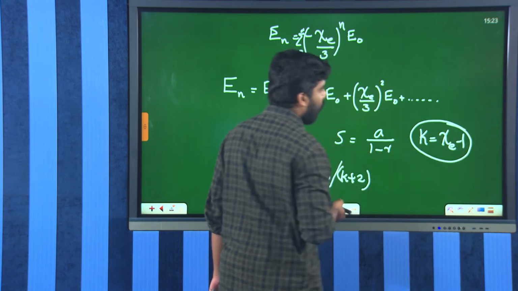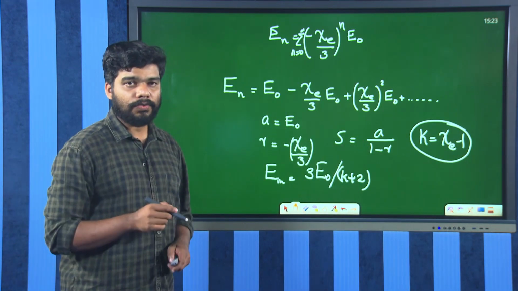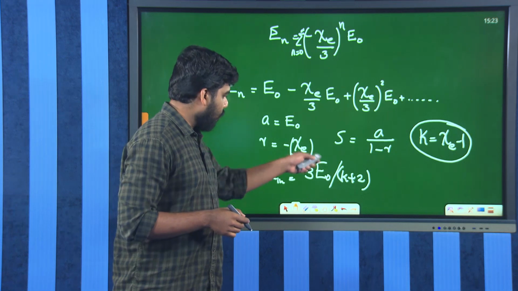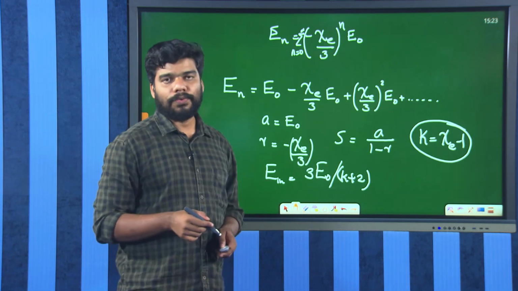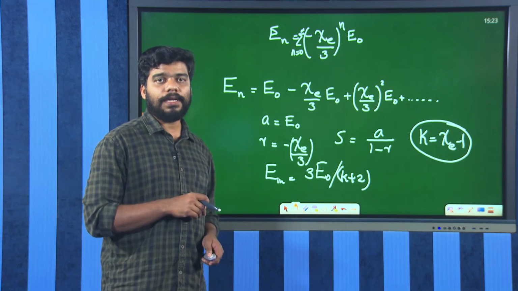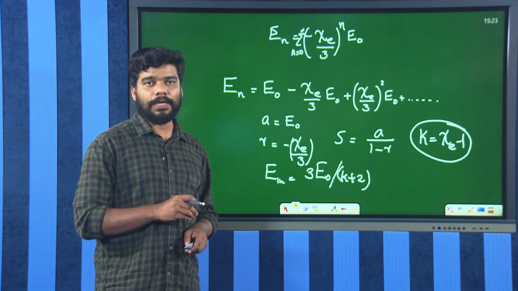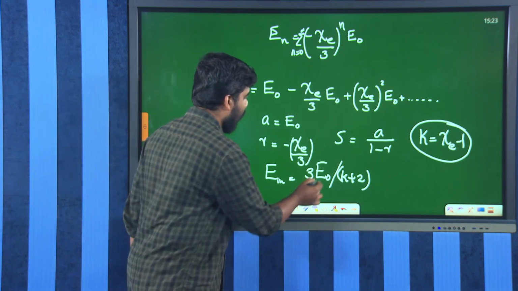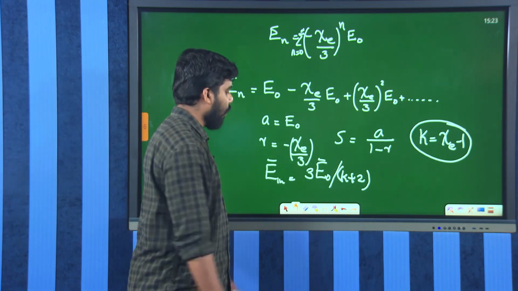Substitute the fact that k = χe − 1 and you will obtain this expression as 3E0 divided by (k + 2), which shows that the electric field inside the dielectric sphere is proportional to the applied electric field, where E0 is the applied electric field.